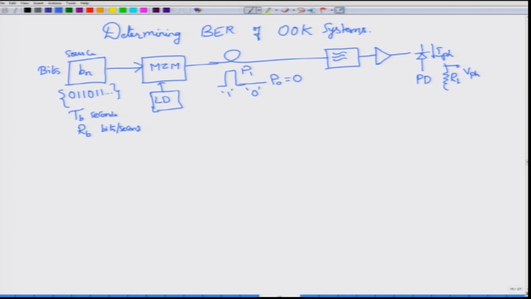Comparing it against a certain threshold, you are able to decide whether the bit is 1 or the bit is 0. So, this is essentially the link model that we are considering.